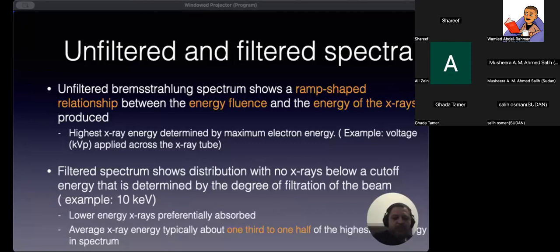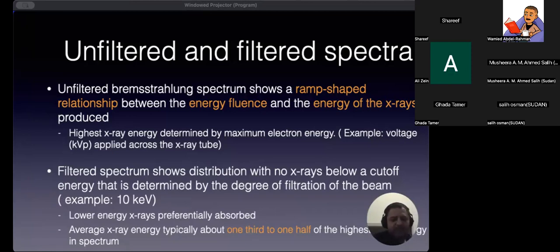These low energy X-rays are absorbed in the target or any filtration added to the beam. And what's happening is that the average X-ray energy for a filtered spectrum is not going to be 1/3, but usually between 1/3 and 1/2.